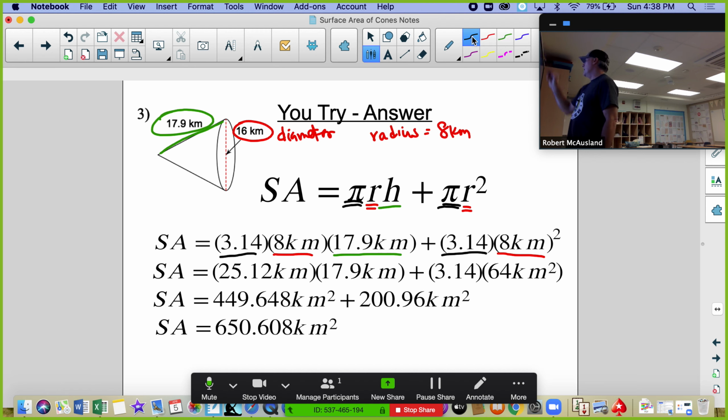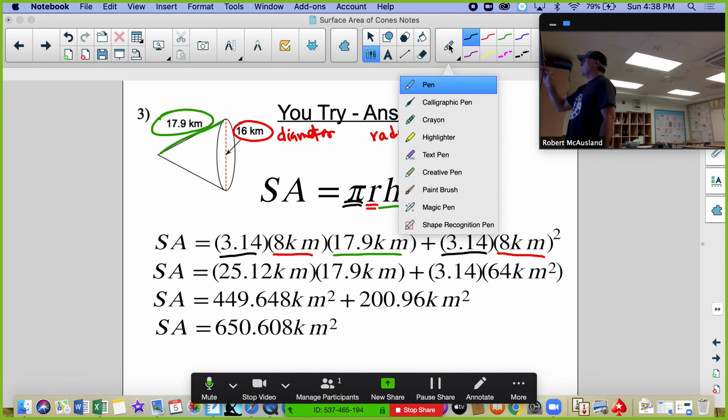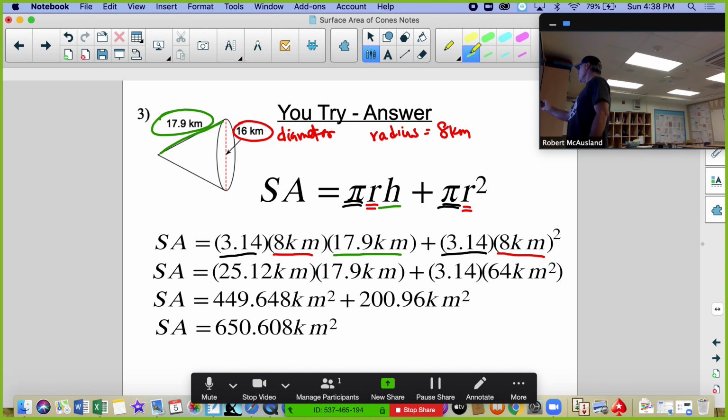So first thing I did was I multiplied 3.14 times 8 kilometers and got 25.12 kilometers. I then squared 8 kilometers and I got 64 kilometers squared. And then I multiplied 25.12 kilometers times the height, and that gave me 449.648 kilometers squared.